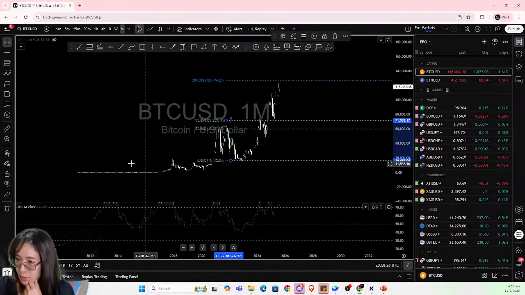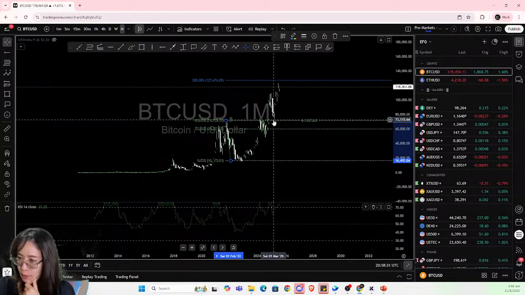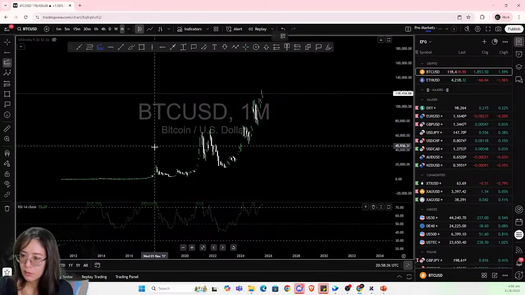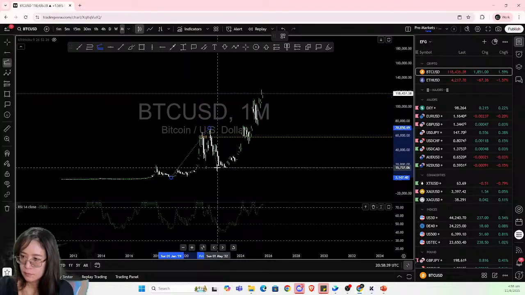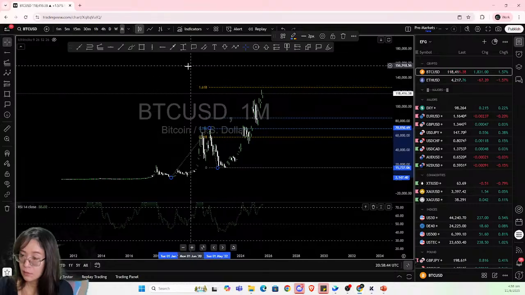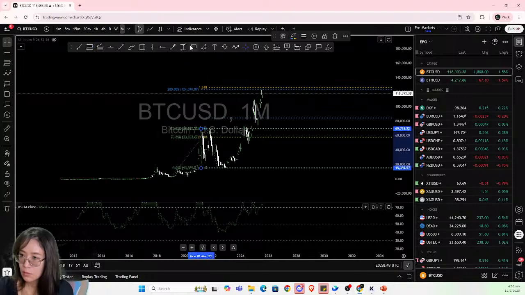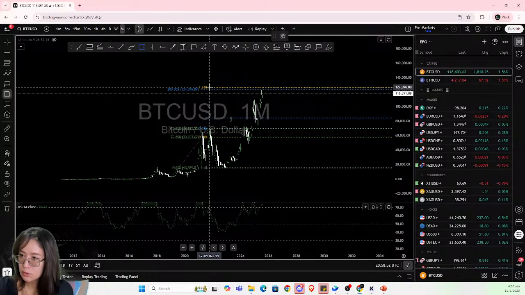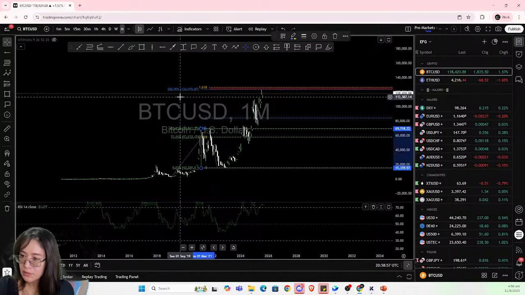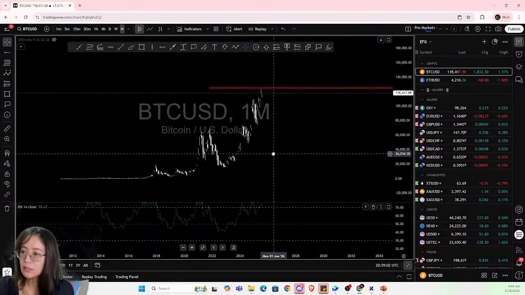Overheat 200%. You can see this is a resistance that became a pullback support. Okay, I think BTC could go all the way up to this zone. 200% extension, 161.8 projection for the monthly.